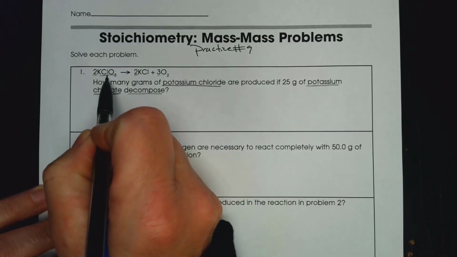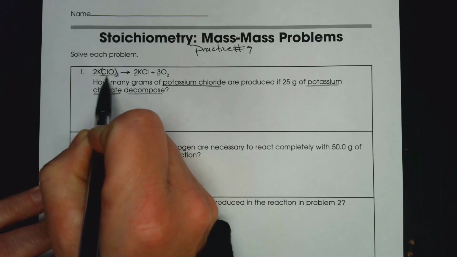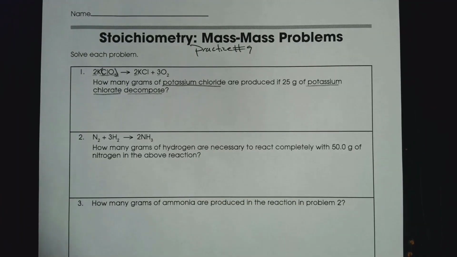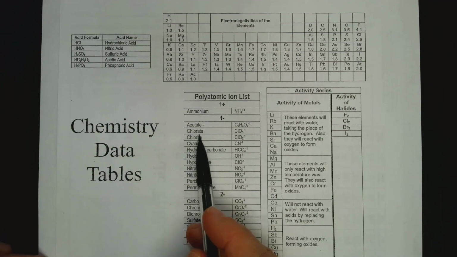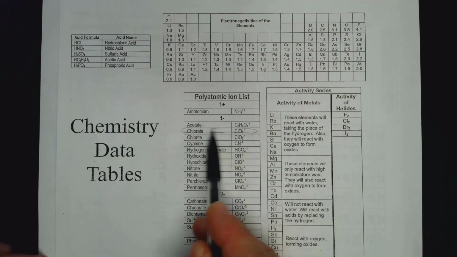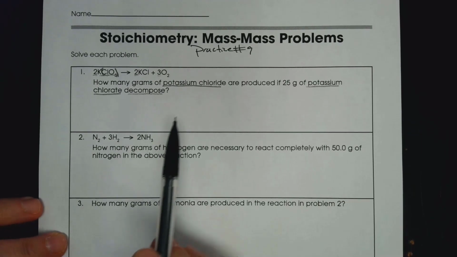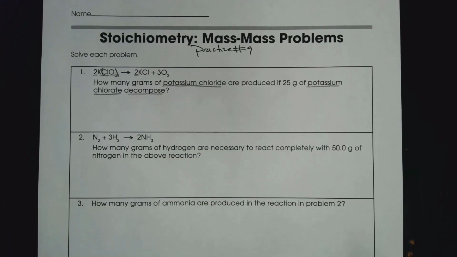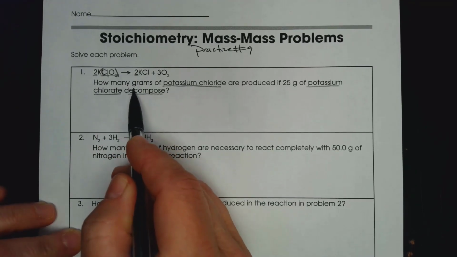The reason that we know that this is a chlorate is because if we were to put parentheses around this, we would know that this is a polyatomic ion, and if we look at the back of our periodic tables, there it is, chlorate right there. It's ClO3. So what's challenging about this question right off the bat is to figure out what we're looking at. Potassium chlorate, potassium chloride, they basically sound like the same things. But this is a chlorate, and this is potassium chloride.